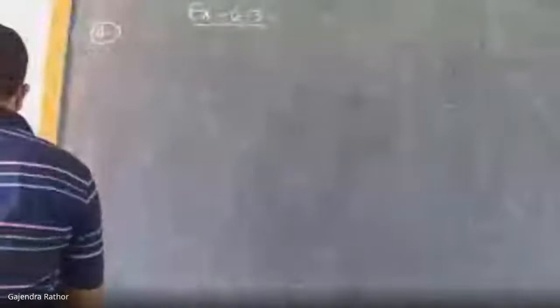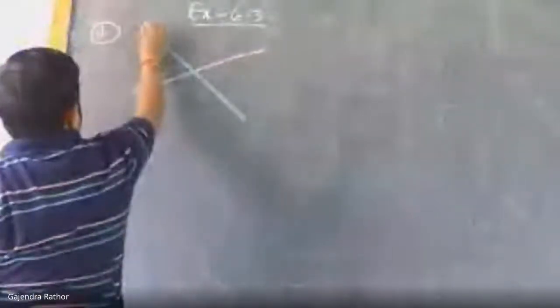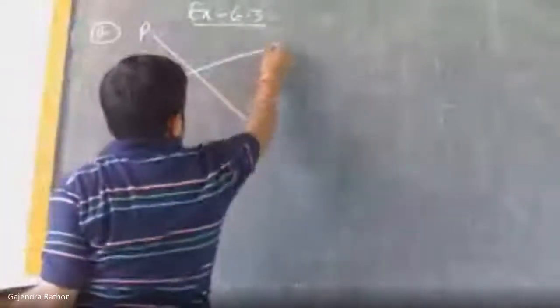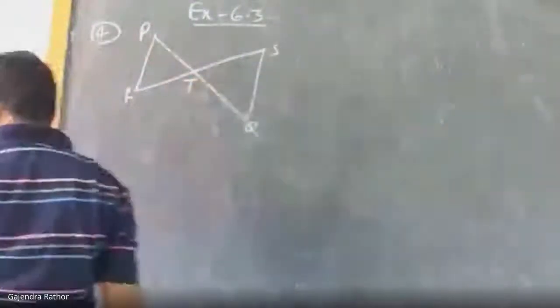There are two lines PQ and RS intersecting at T. This is PQ. This is RS. Both are intersecting at T.